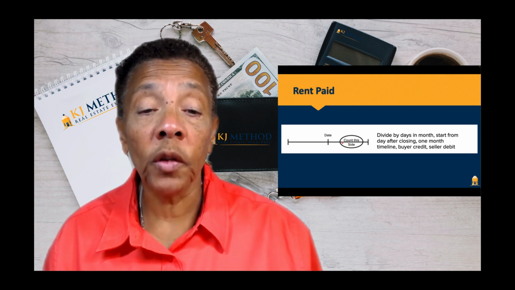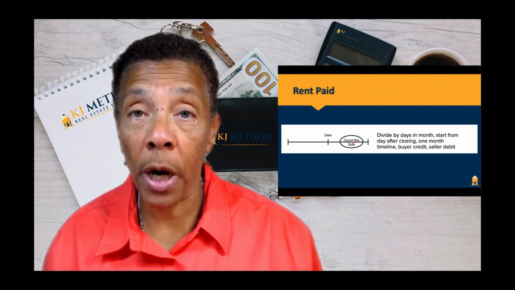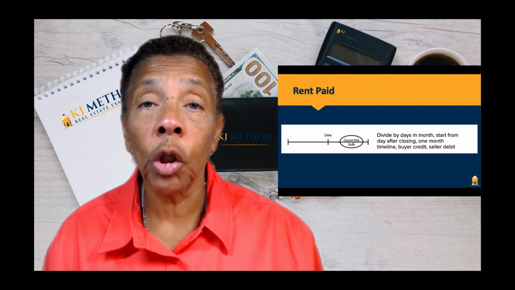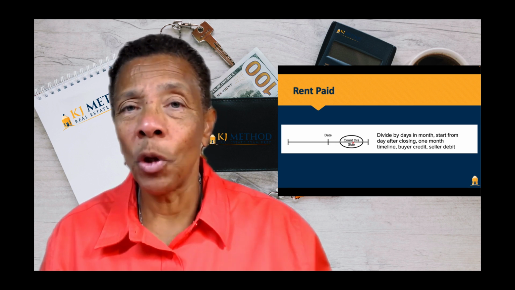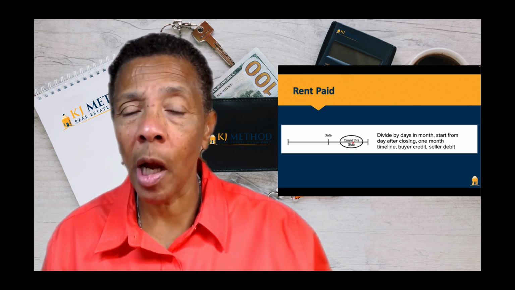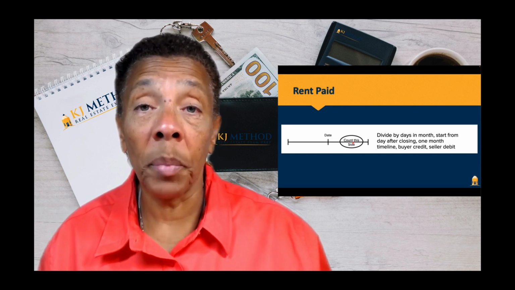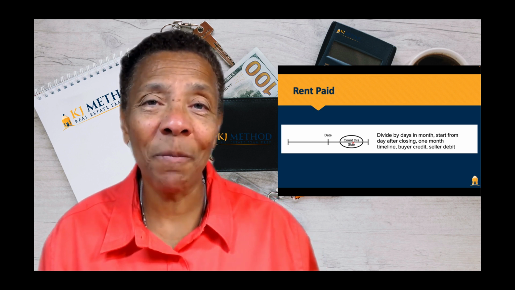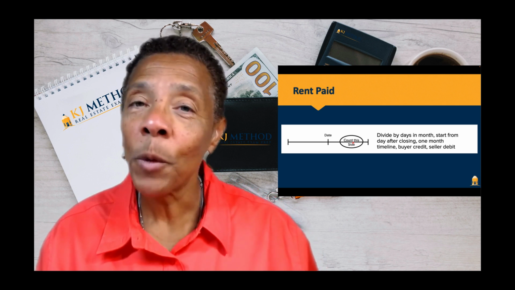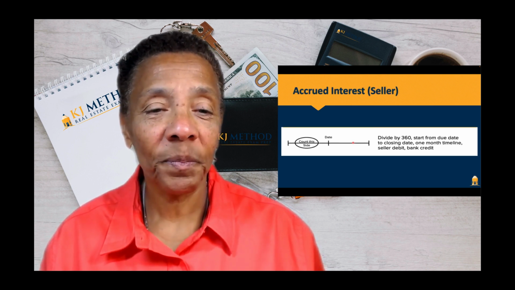And this, of course, is going to be a buyer credit and a seller debit. So it's kind of weird, right? Because it's the opposite side that we're counting, but we're still saying that the seller is going to be debited in this situation because it's not fair for him to keep the money for the entire month when he's not owning the property for the entire month.